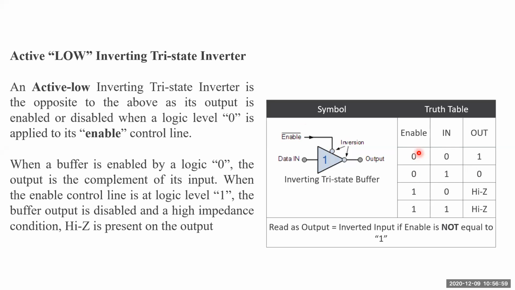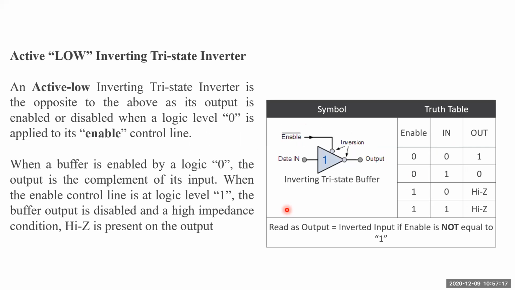As per the truth table, whenever enable equal to 0, you will be getting some output over here. But whenever it is 1, you will not get any kind of output. It will be high impedance. Is it okay? So this is regarding the tri-state inverter or tri-state buffer.